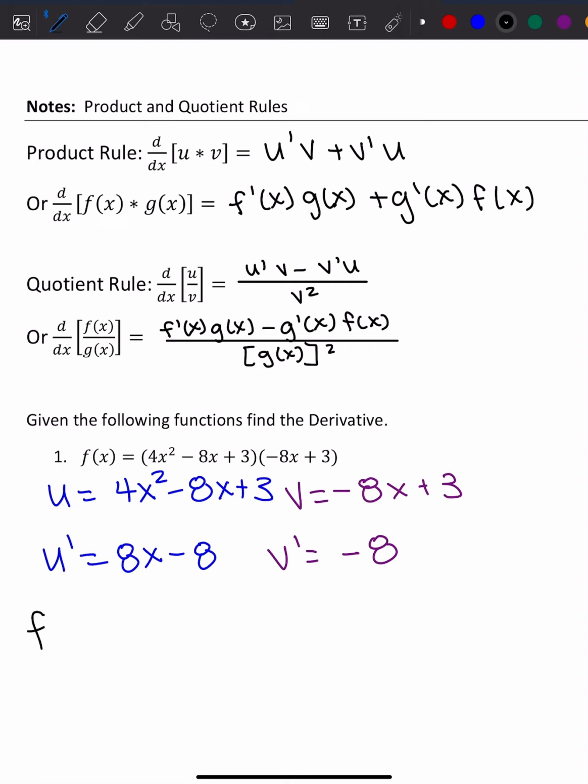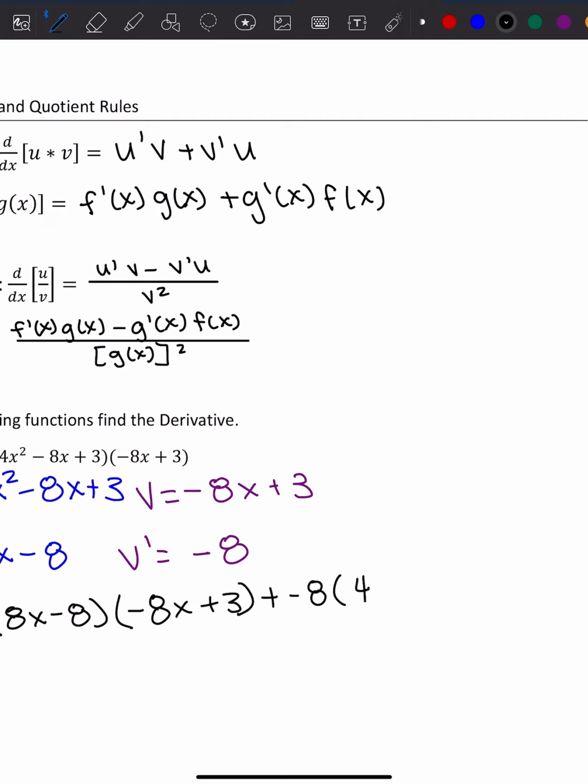So f prime of x equals u prime. So I have 8x minus 8 times v, negative 8x plus 3, plus negative 8 times 4x squared minus 8x plus 3.